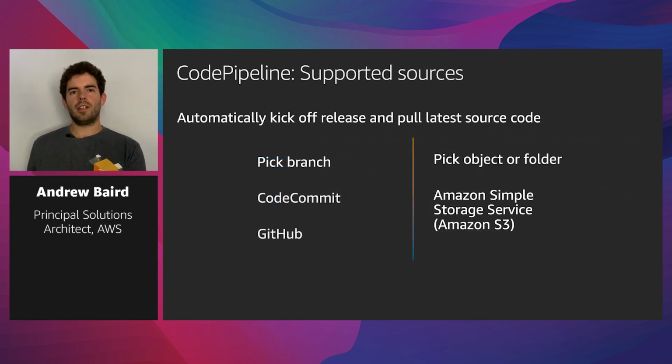So the way that your continuous integration steps can be triggered, CodePipeline can integrate with a variety of different sources. They can either be code-centric sources like CodeCommit or GitHub. This is the literal repository where your code is stored.